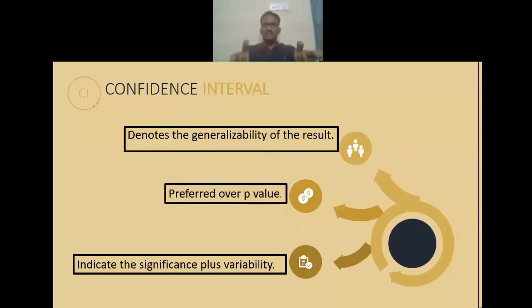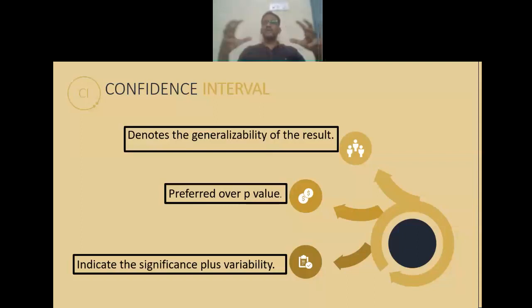In this context, the confidence interval of the correlation coefficient, that is the R value, gives values in a range. What does that mean? If the study is done in different populations, 95% of the time the results obtained will be within this range.